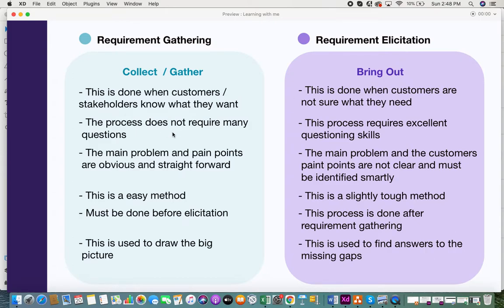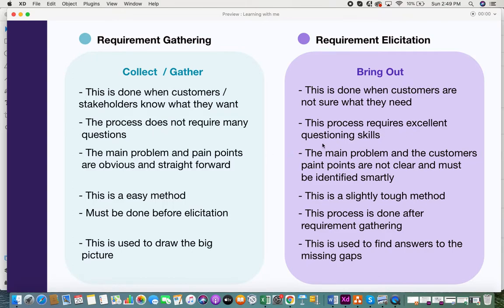The next difference is that the gathering process does not require many questions. By that I mean the kind of questions where you have to interrogate the customer, or keep drilling down in detail to find out exactly what is needed. Those in-depth questions are not required much in the gathering process.